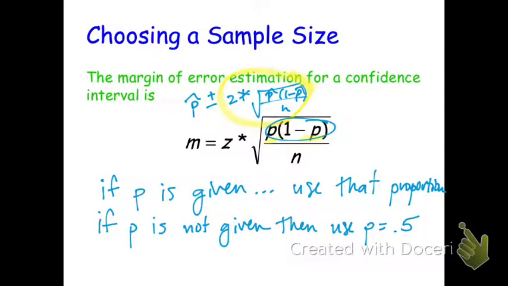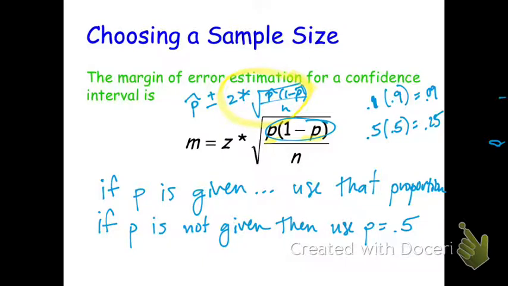It's the largest value for p times 1 minus p. Yes, the largest. Mathematically, if I use 0.5 times 0.5, that gets me 0.25 on the numerator. That is the largest possible combo of P times 1 minus P. So like if I used 0.1 times 0.9, that gets you 0.09.